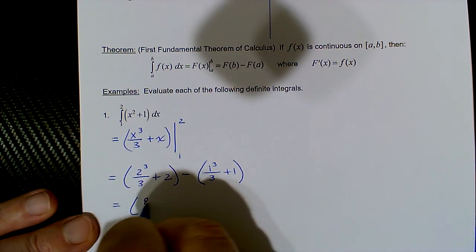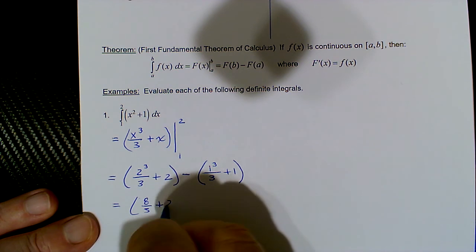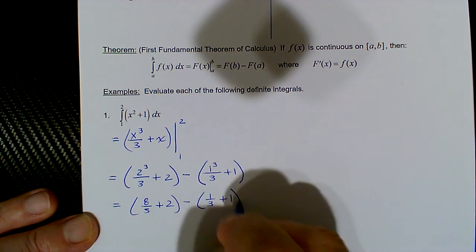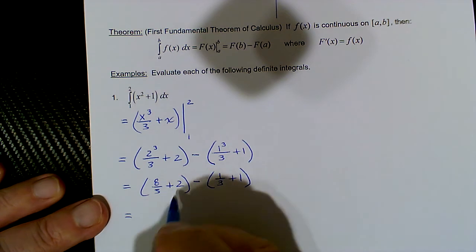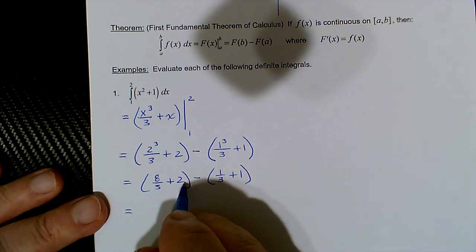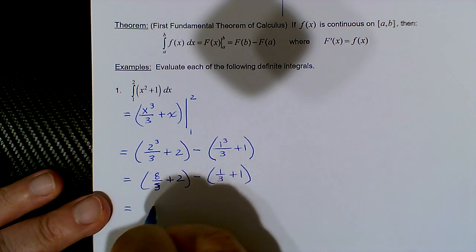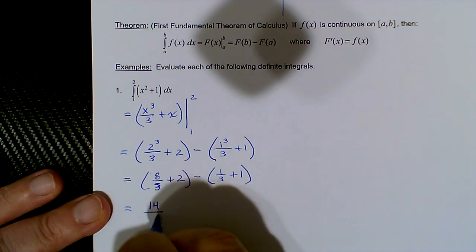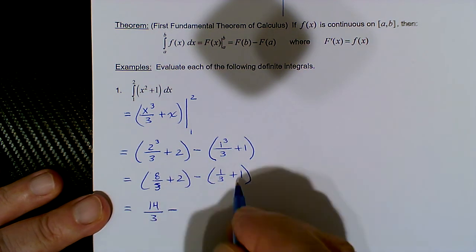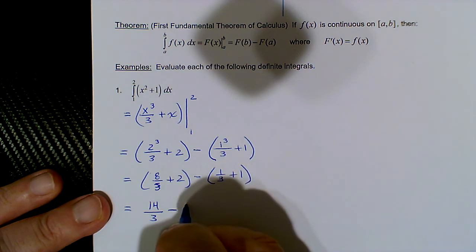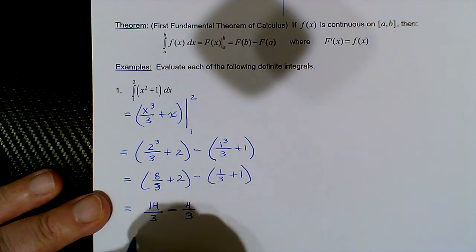This gives 8/3 plus 2 minus 1/3 plus 1. Let me do common denominator. 2 is 6/3 plus 8/3 would be 14/3, and then minus 1/3. 1 is 3/3, so minus 4/3, and that gives us 10/3.